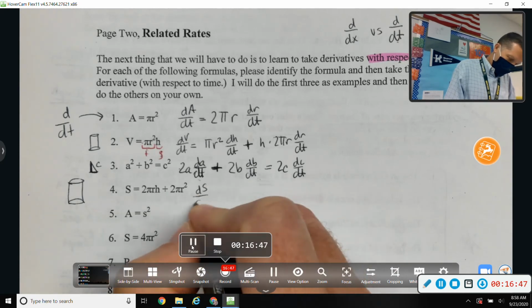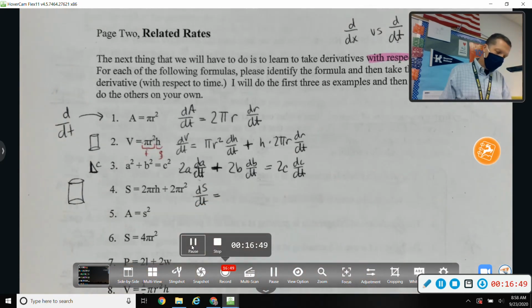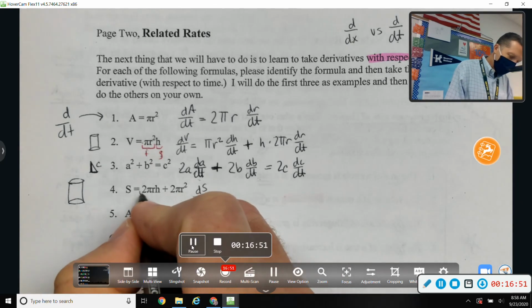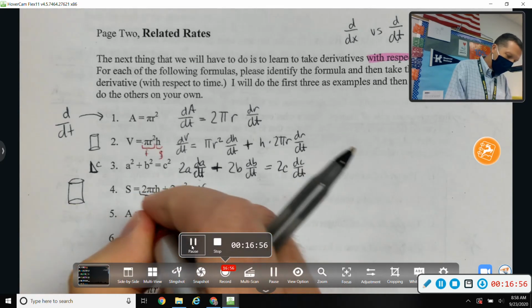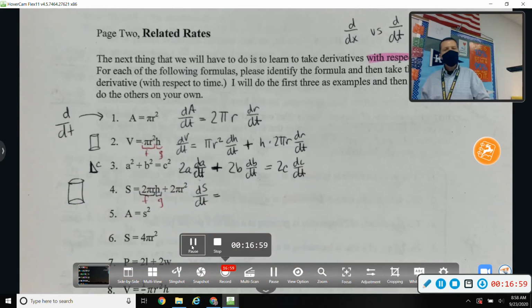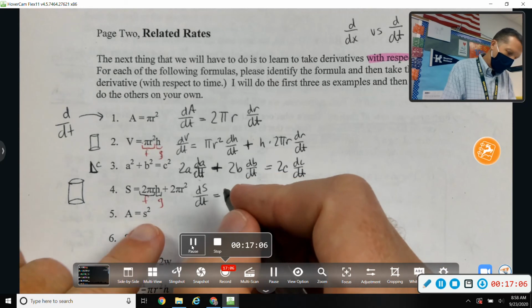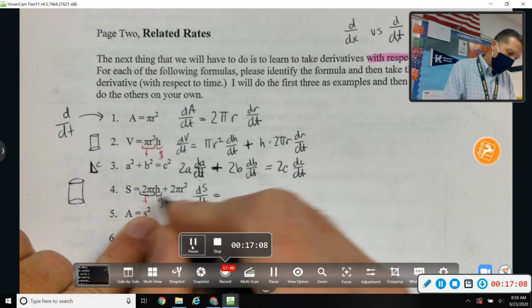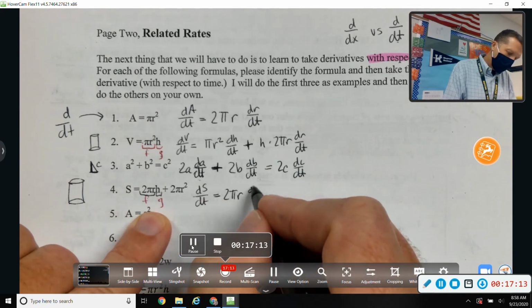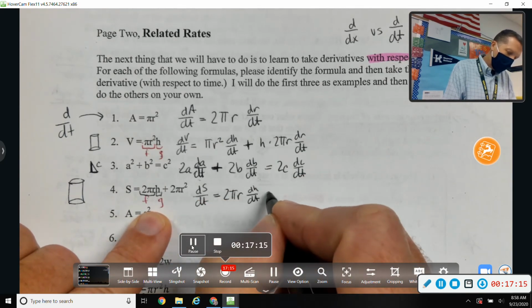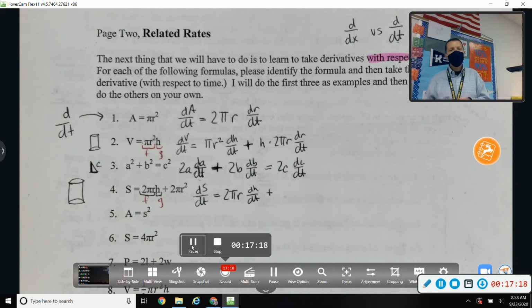So dS dt equals, I've got another product rule situation here. This has a product rule on 2 pi rh, and then I'll handle 2 pi r squared at the end. So first times the derivative of the second, 2 pi r dh dt, plus the other way around.